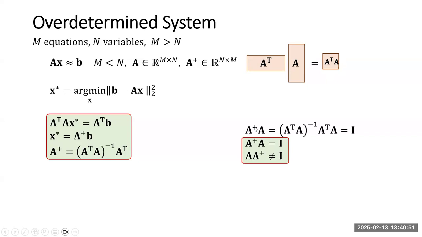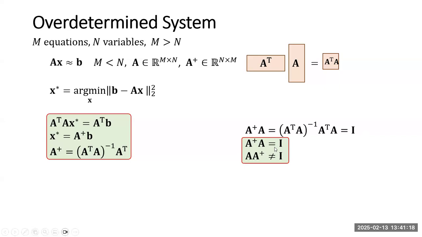And so A plus is the pseudo inverse, and A pseudo inverse times A is this, which is equal to the identity matrix. (A transpose A) inverse times A transpose A is the identity matrix, right? But A A transpose will never be equal to the identity matrix.